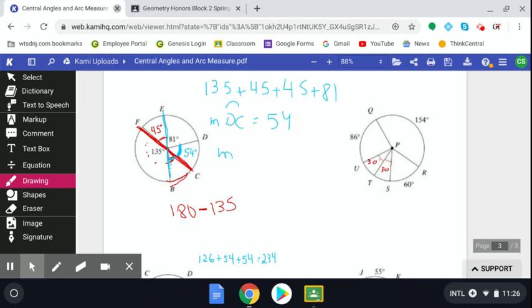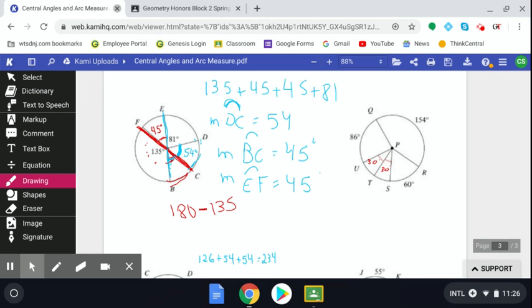The measure of arc, this is how we write arc, DC would be this. Arc BC would be 45. My arc EF would be 45.